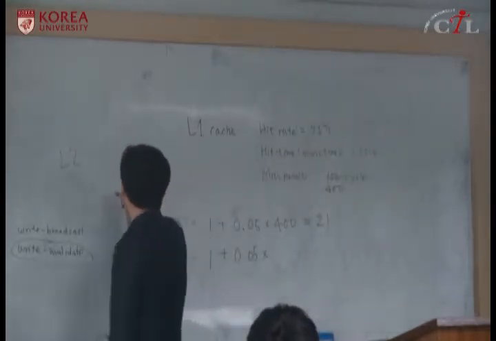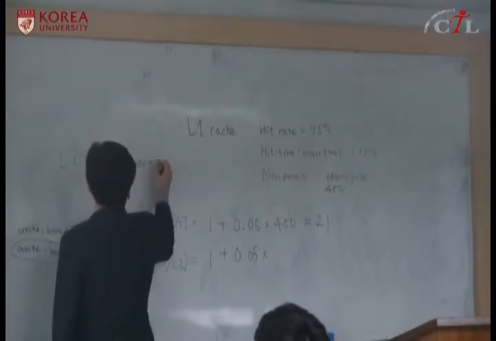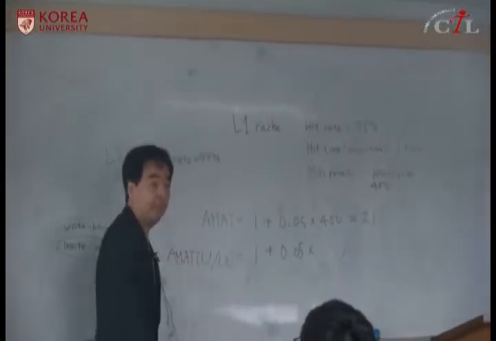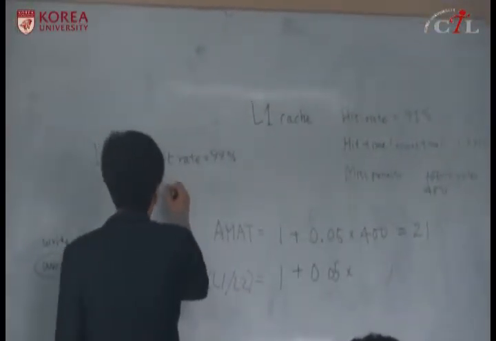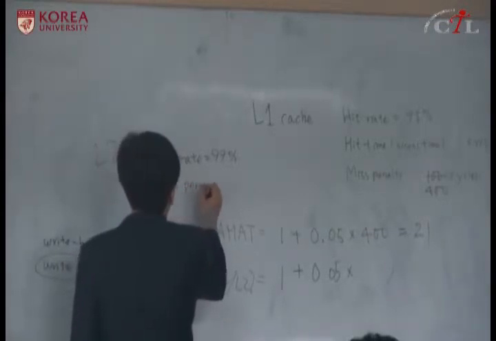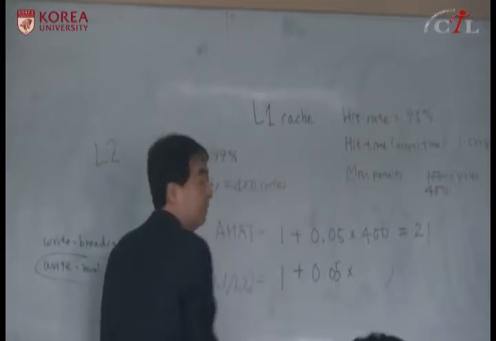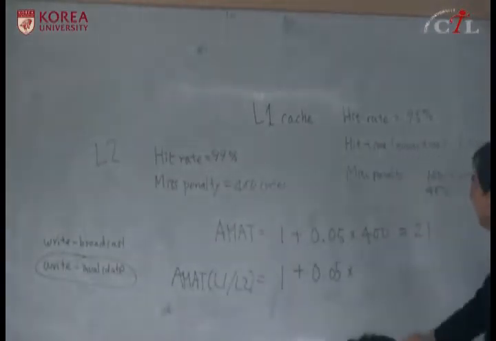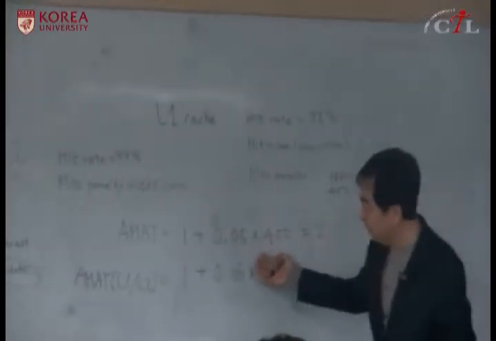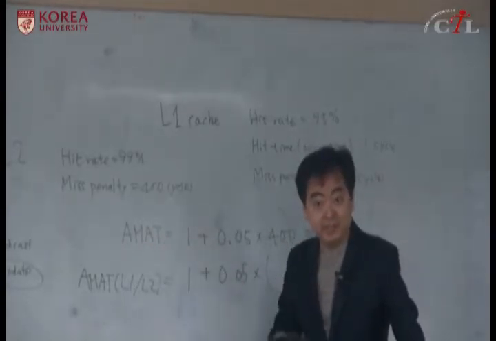Let's say the L2 cache hit rate is 99%. Miss penalty is the same as before, 400 cycles. Then, instead of 400, you replace this miss penalty with the average memory access time equation recursively.